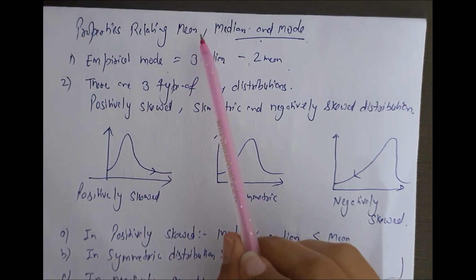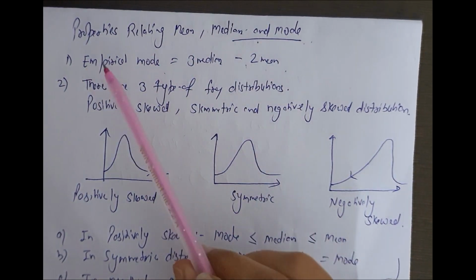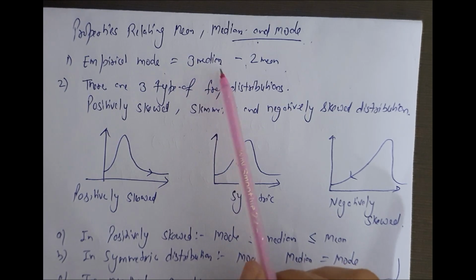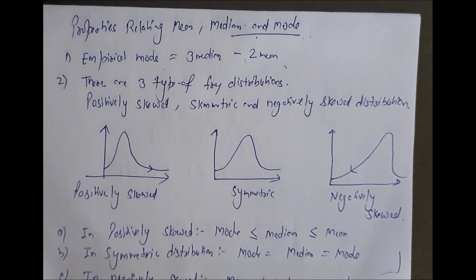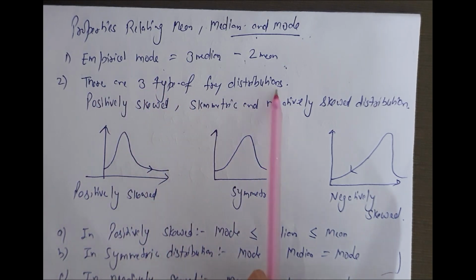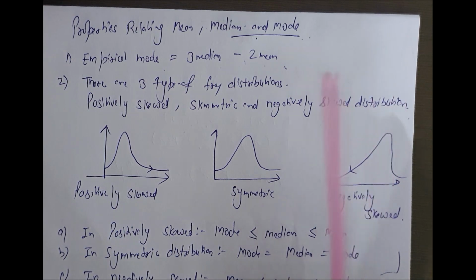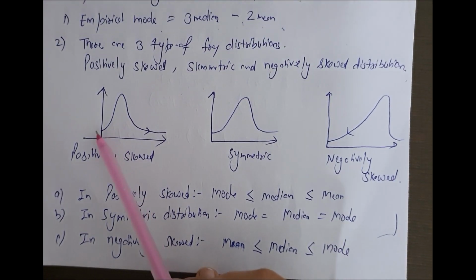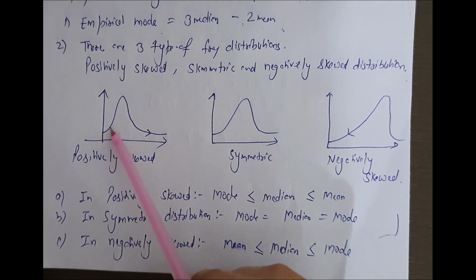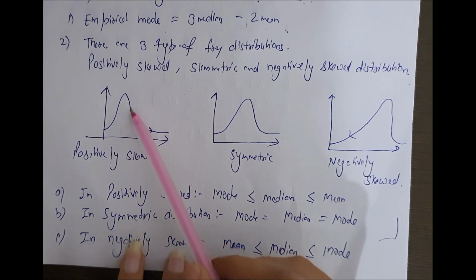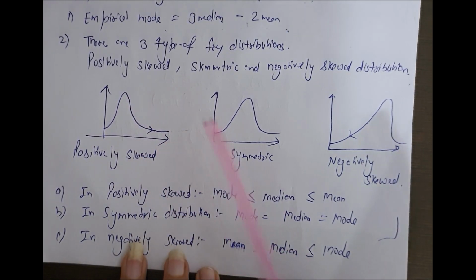Now properties relating to mean, median and mode. Empirical mode is equal to 3 median minus 2 mean. Just learn this property for subjective type questions. There are 3 types of frequency distribution: positively skewed, symmetric and negatively skewed distribution. This is the graph of positively skewed, that is it has a peak initially and the slope goes down.